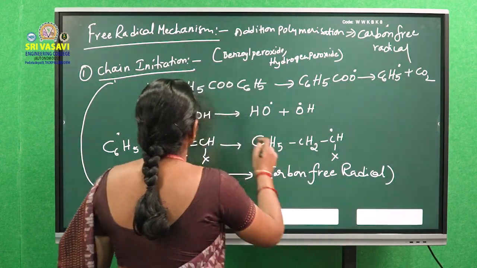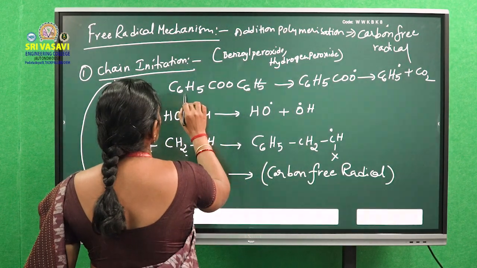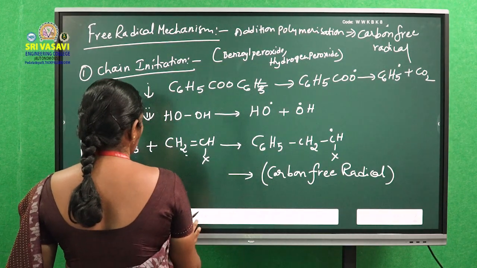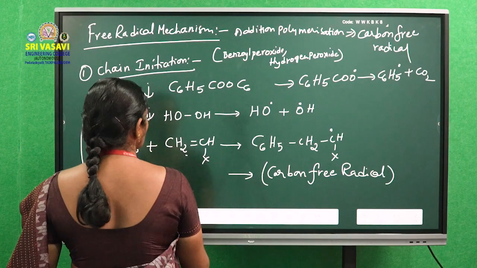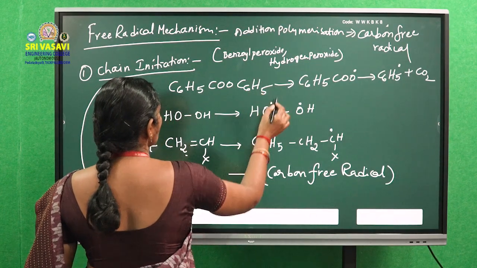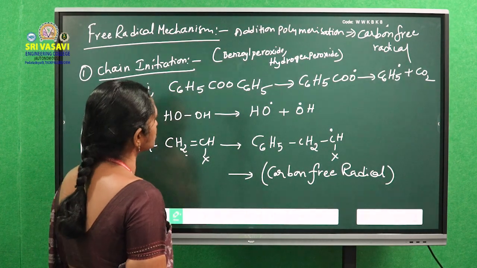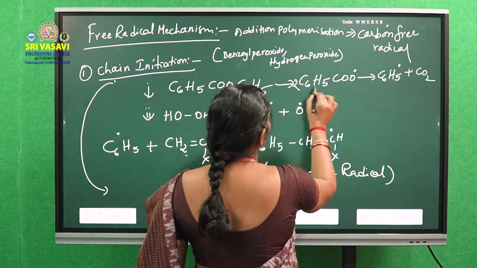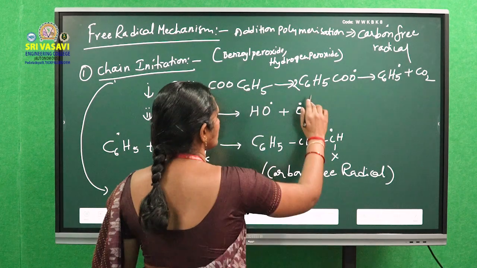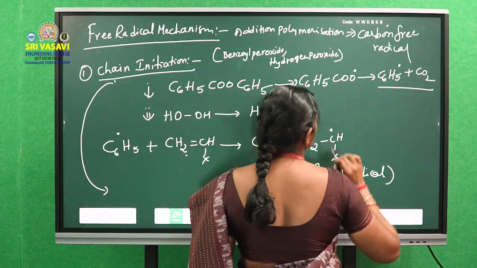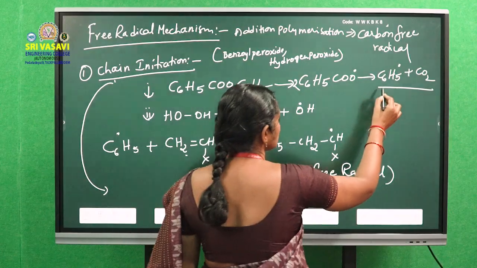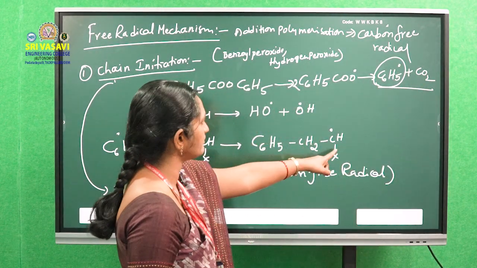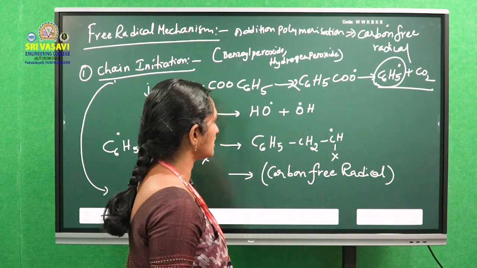So I have taken two examples. The first one is benzoyl peroxide. If benzoyl peroxide is taken as the initiator, what happens? It quickly changes into benzoyl radicals, which are very unstable, and change into C6H5 radical and CO2. This C6H5 radical is responsible for the formation of the carbon free radical.